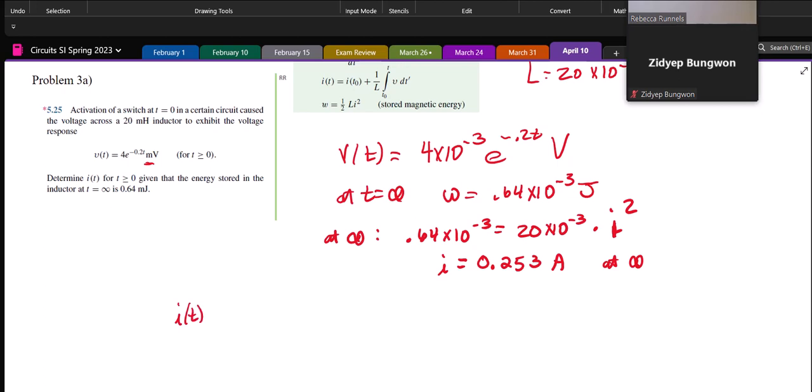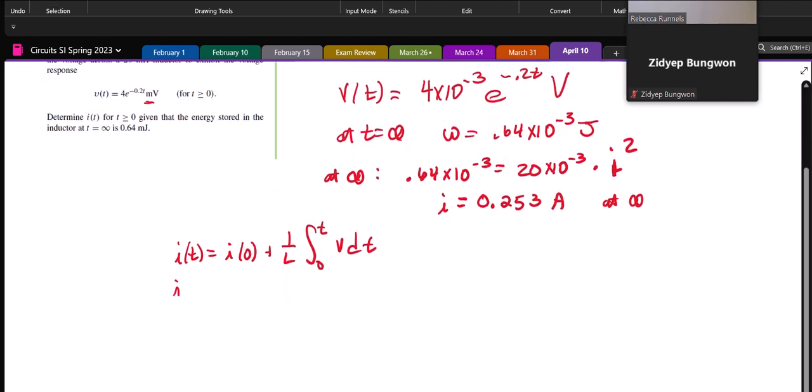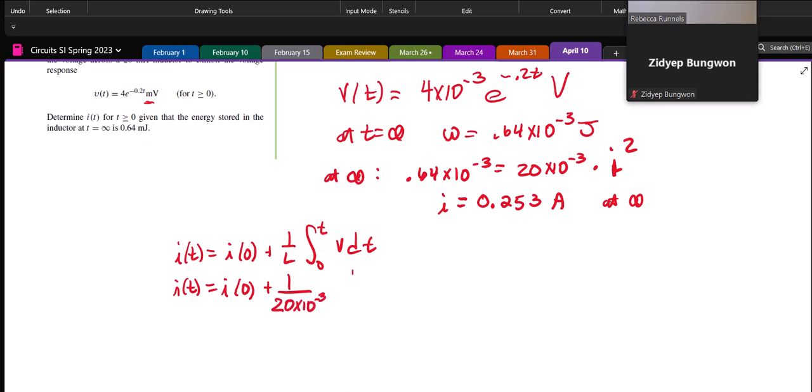So i of t equals i at 0 plus 1 over L times the integral from 0 to t of v dt. So i of t equals i of 0 plus 1 over, and L was 20 times 10 to the negative third, integral from 0 to t, and v is 4 times 10 to the negative third, e to the minus 0.2t dt.